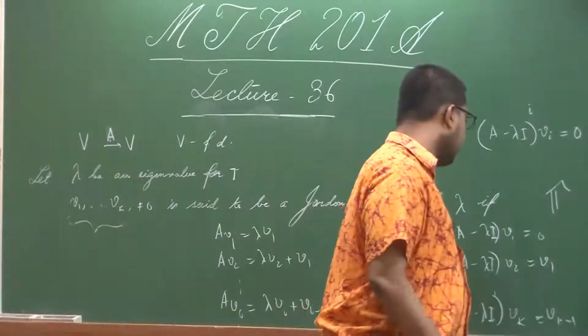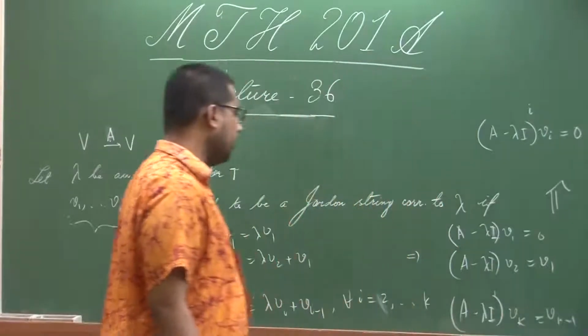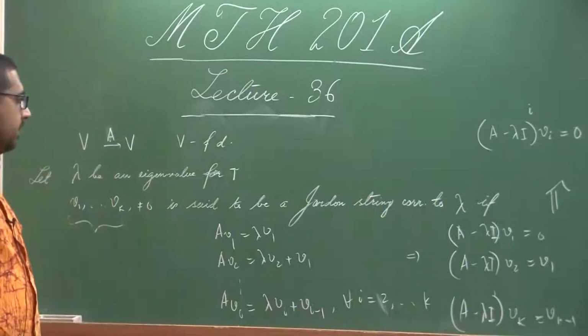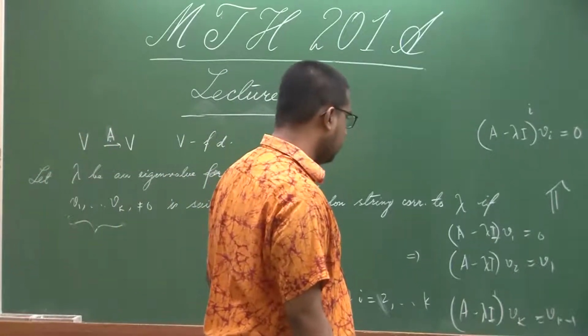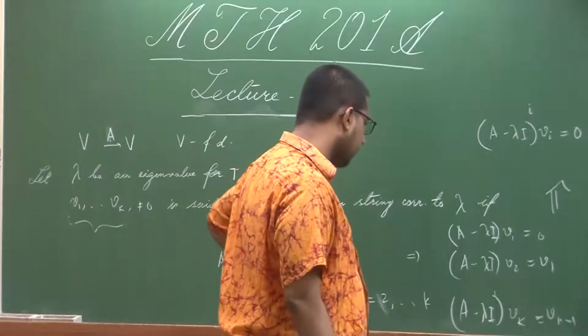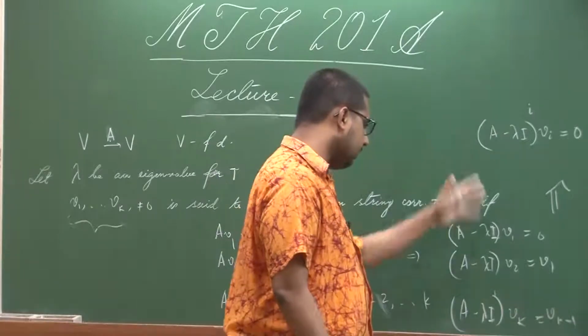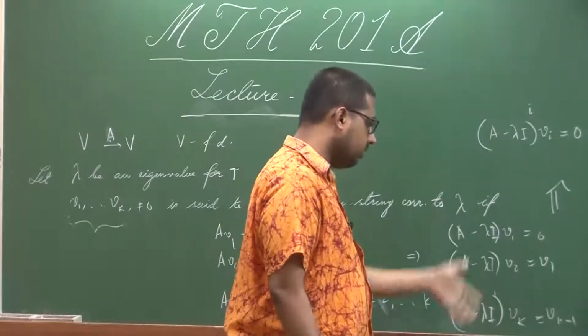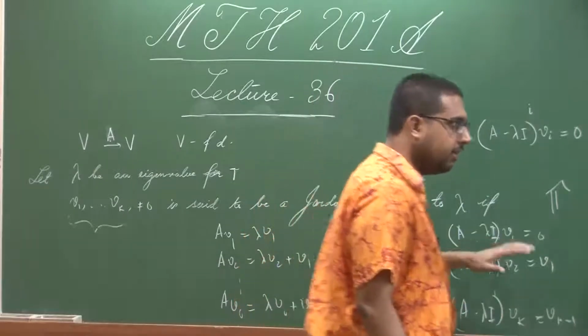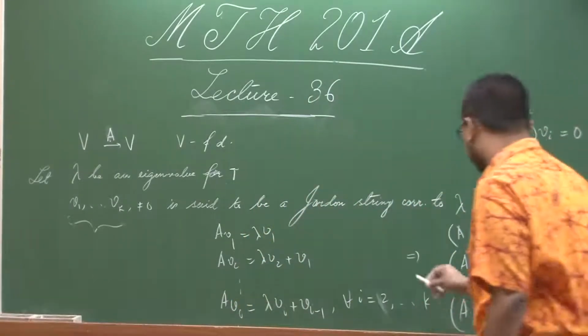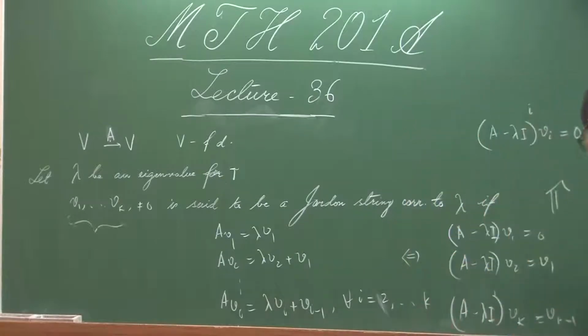If I have a Jordan string of A minus lambda I corresponding to eigenvalue 0, then that string itself becomes a Jordan string of eigenvalue lambda for the operator A. That is easily seen, right?